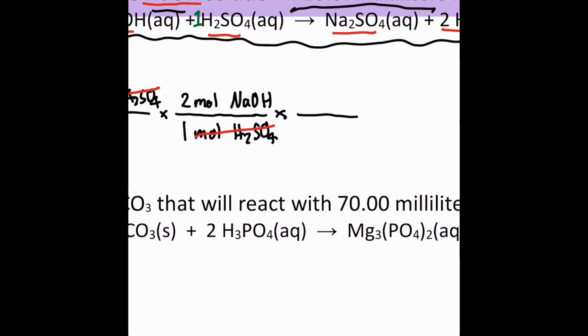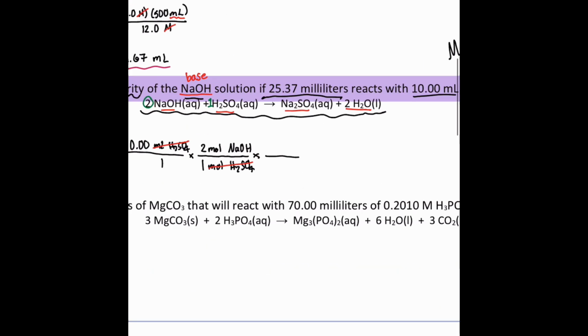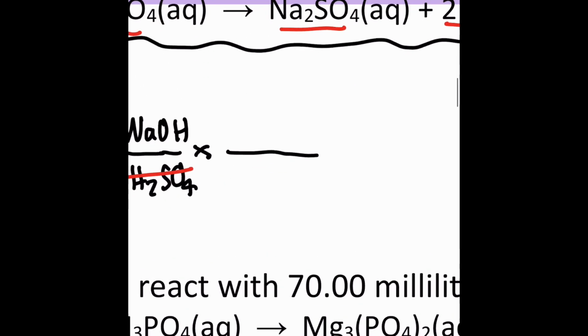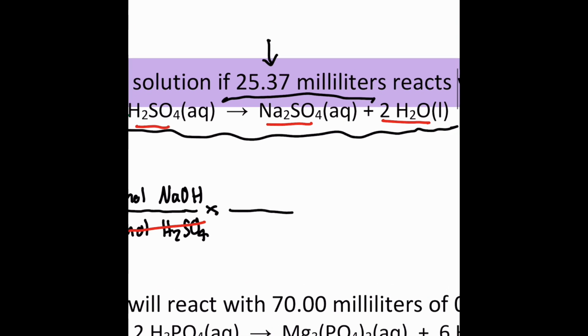But we want the molarity of sodium hydroxide, so we take this one step further, utilizing our volume amount. We could do it one of 2 ways. We could convert this directly into liters, so this would be 0.02537 liters, and we know that because we move our decimal places 3 times, since that's what milli means.